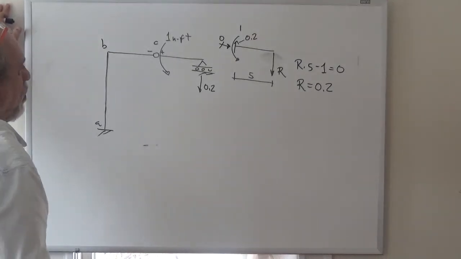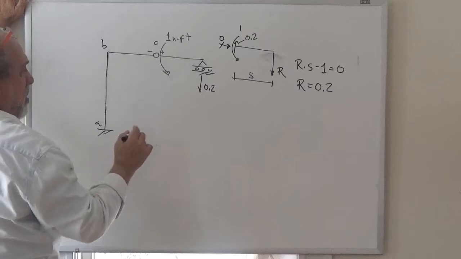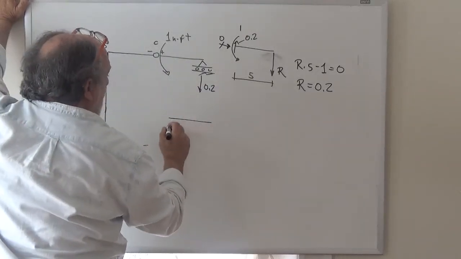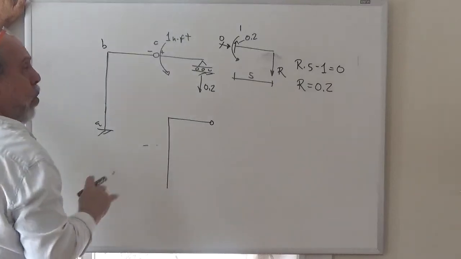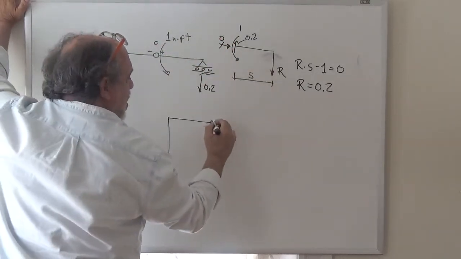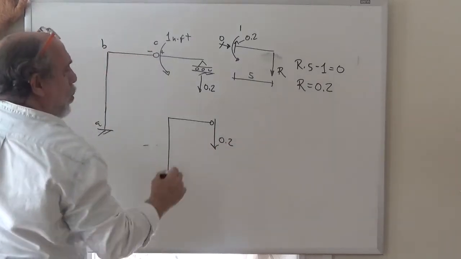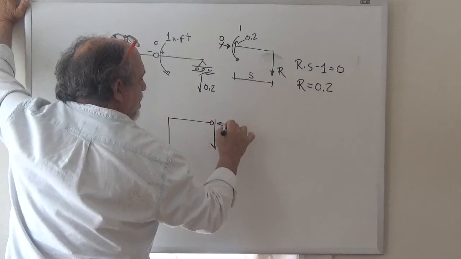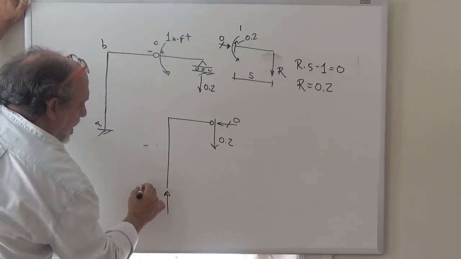Okay? So now we take a free body diagram of the other part crossing the hinge and we go something like this. There is the hinge. There is no 1 because that was on the right side. What we do have, however, is that shear, which is in the vertical direction equal to 0.2. We do not have any horizontals. And we have here the possibility of 3 things, right?